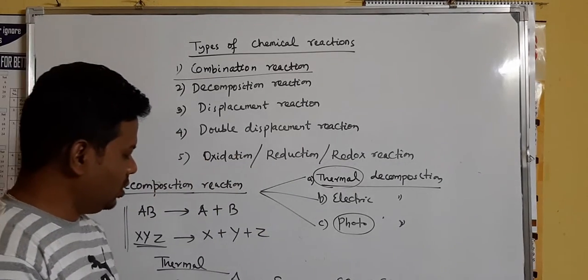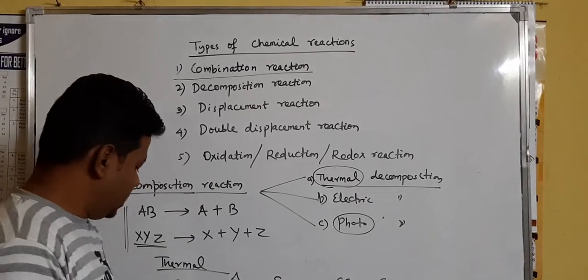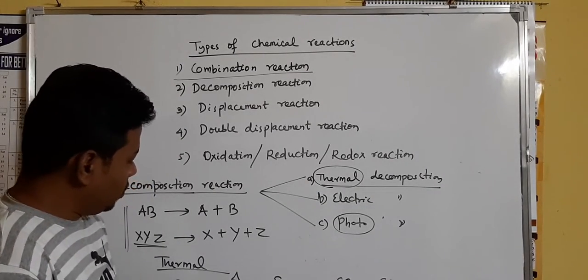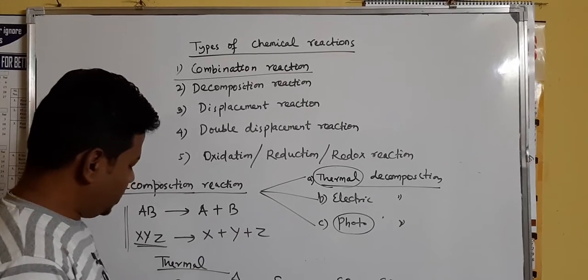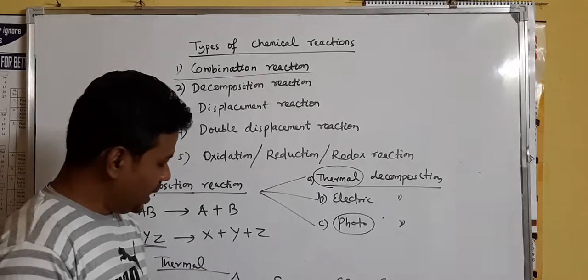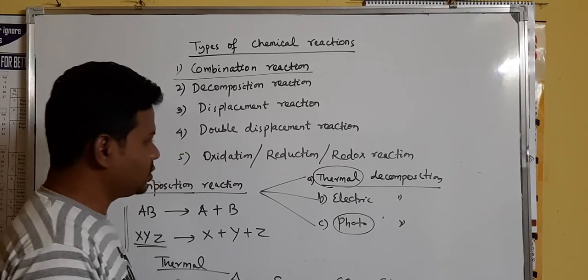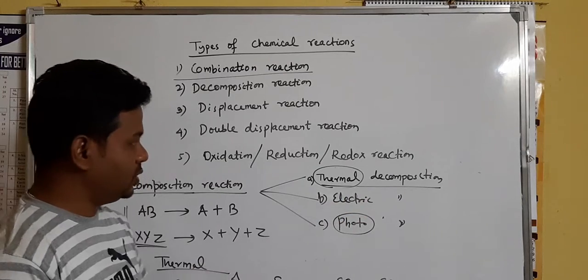This process is called electrolysis, which you have already read in standard 8. This is also a decomposition reaction because a single reactant breaks to form two products, and because this decomposition takes place due to electricity, it is called electric decomposition.